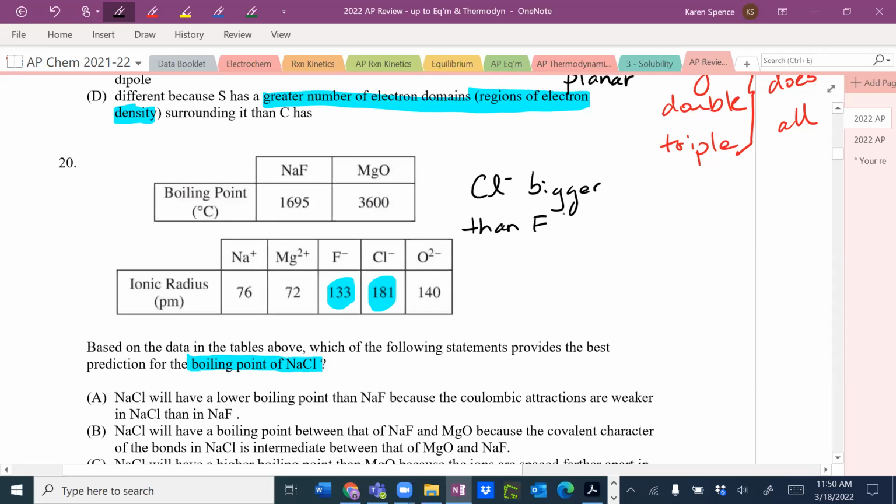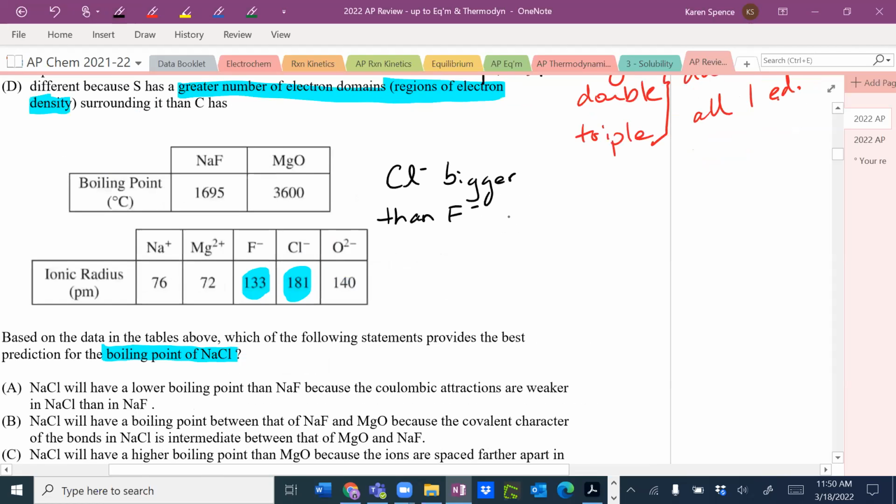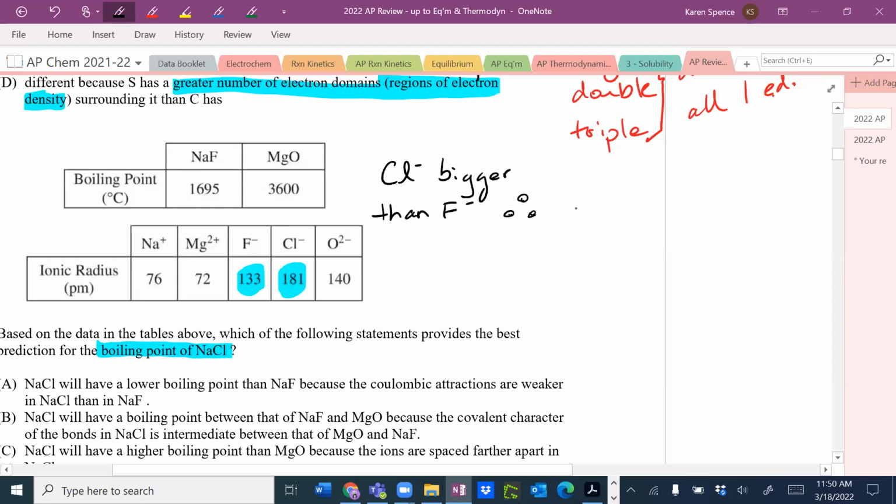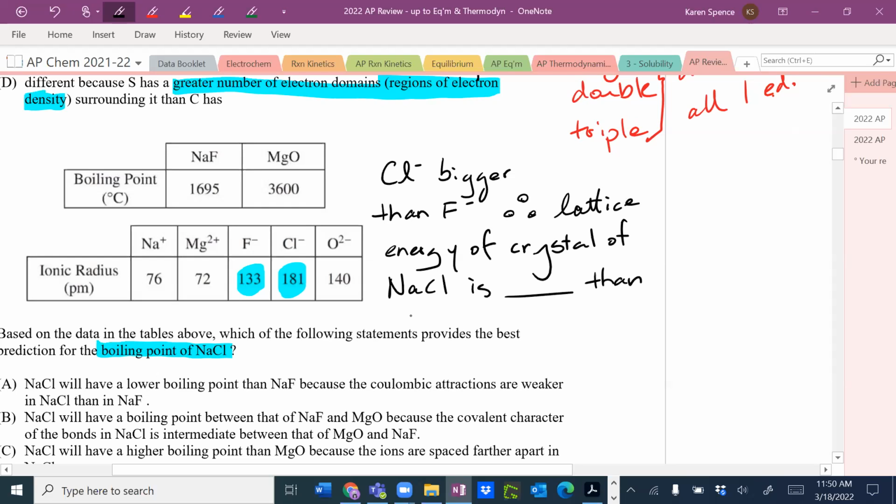What does that do to the lattice energy of the crystal? If chlorine is bigger than fluorine, do sodium and chlorine bond more tightly or less tightly?